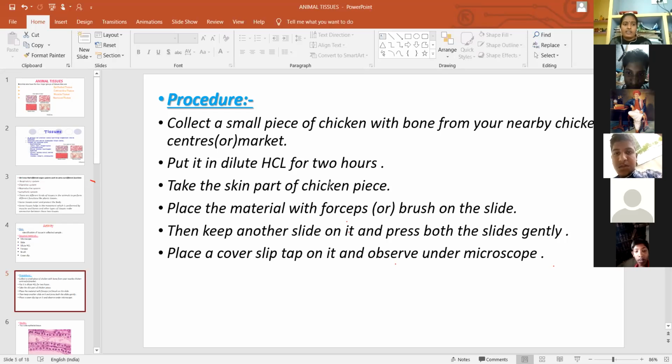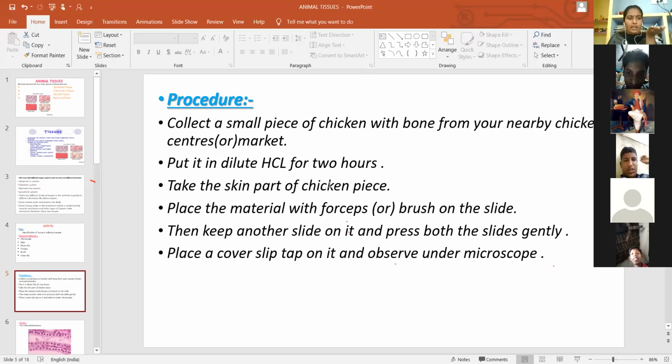Next, we place this chicken piece on a slide with the help of forceps or a blade.